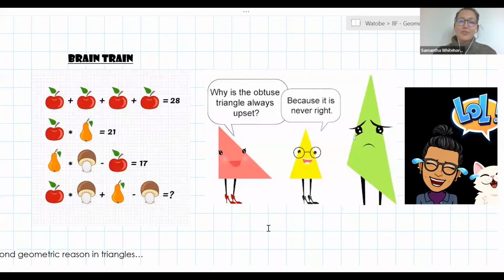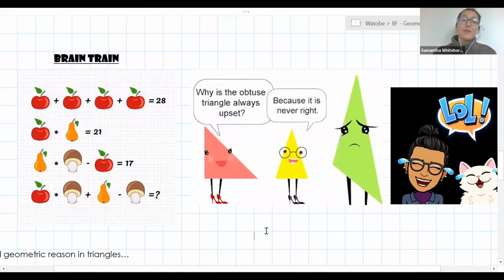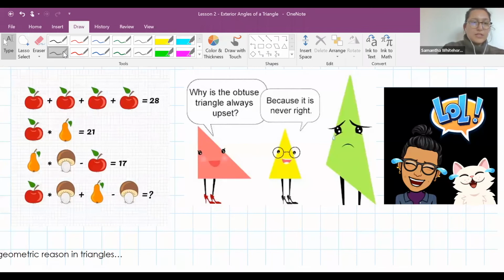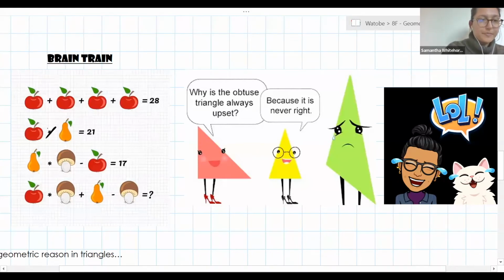So remember, for those of you that are new, a brain break is basically just exactly that. We take a bit of a break from what we're doing. We give our brains a bit of a chance to refocus, regroup. I always put up a little brain teaser. Just so that we're not confused, these stars mean times, so I'm going to draw over them.